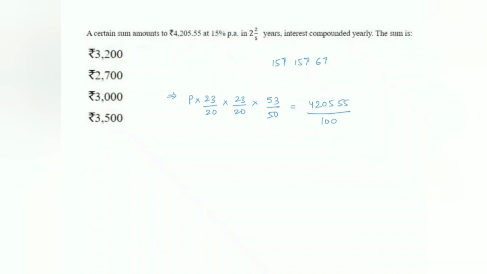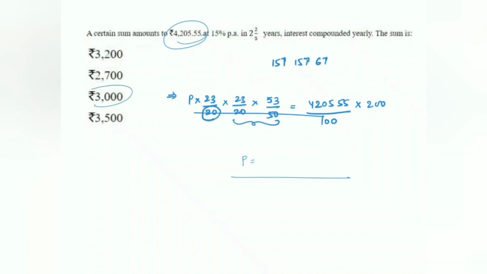If you cancel it exactly, you will get this value, this 3000. But it is extremely difficult. Anyway, the approximation is more preferable.